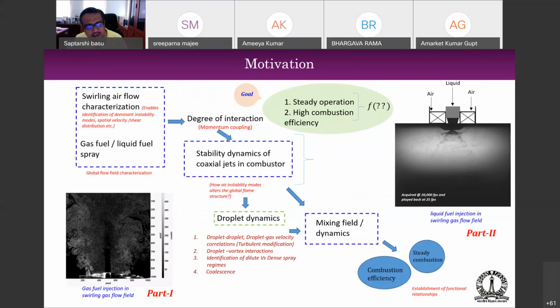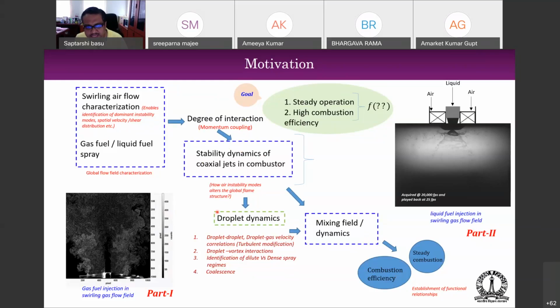This swirling airflow, as you can see in a small snapshot over here, is very complicated because it has got shears, it has got certain unstable modes. Now, when you spray liquid or gas fuel into this, there is something called momentum coupling that takes place. That means the airflow will talk with the fuel. And once the airflow talks with the fuel, you get some kind of stability dynamics of jets in a combustor. This ultimately leads to the mixing dynamics and ultimately leads to combustion efficiency.